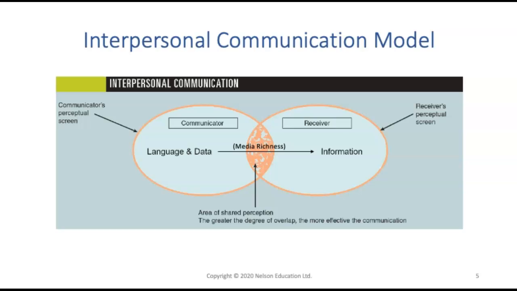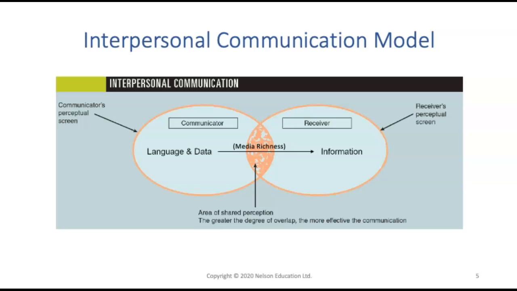Language is a big part of it. Sometimes someone's talking to you and they're using specific acronyms or jargon or language that you don't understand, or maybe they're using a culturally specific word or something that has to do with a region within Canada or another country that is specific to that region.